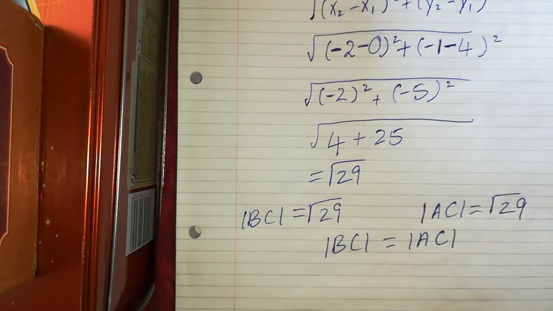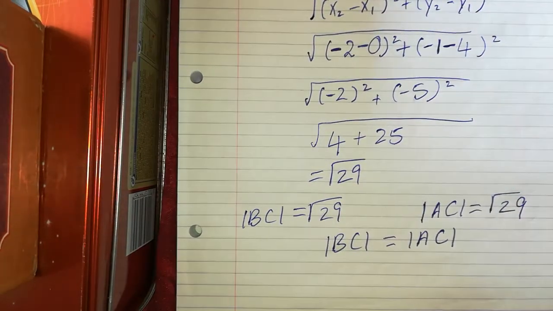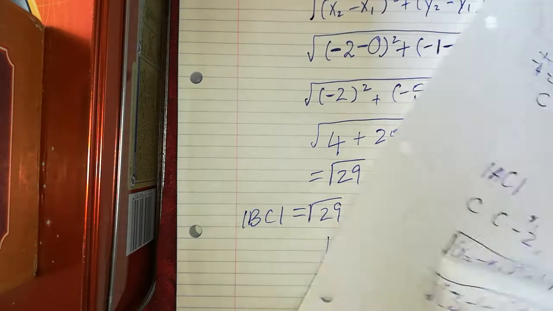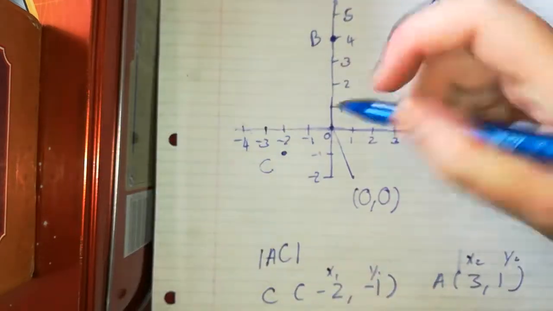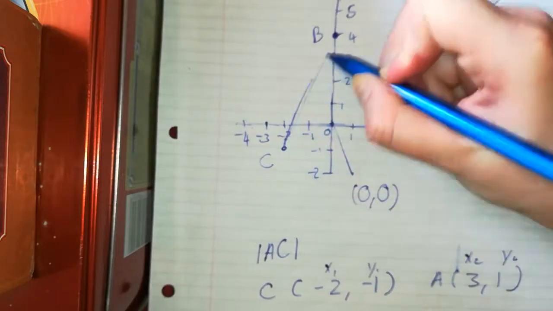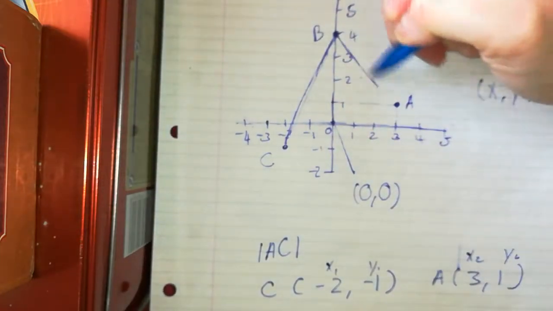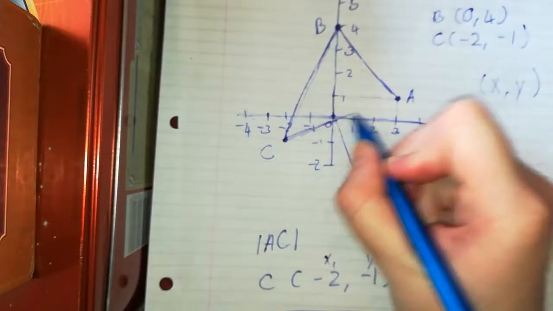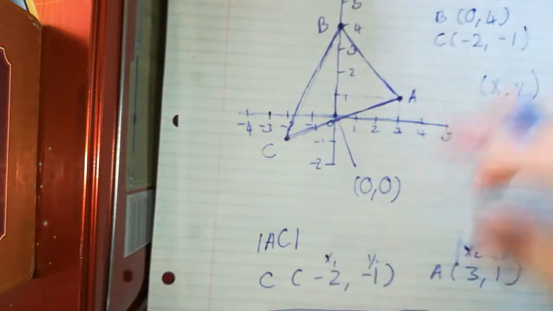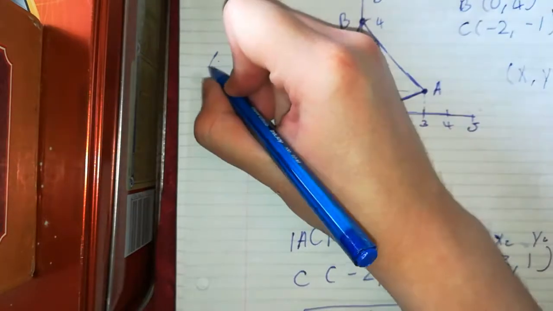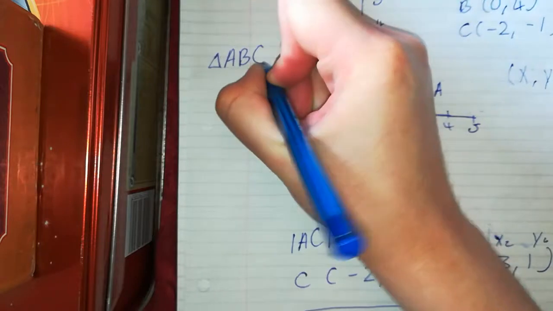And then it says, what type of triangle is ABC? I don't have a ruler at the moment, but I'm just going to draw the lines. Well, the triangle ABC just means A, B, and C are the corners.